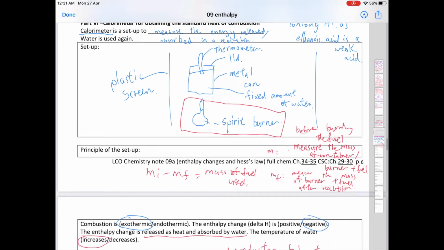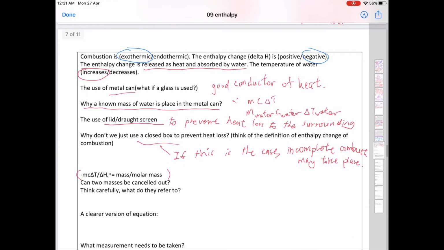Well, and then time to talk about the equation. In case you want to calculate the standard enthalpy change of combustion, of course you need the energy change of the system, and then divided by the number of moles of the fuel used.